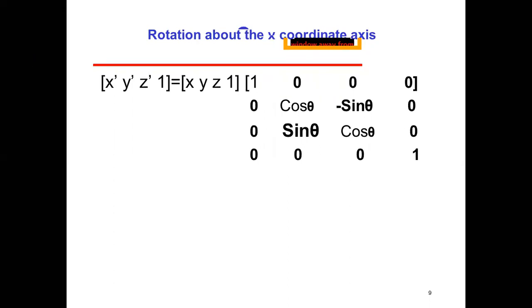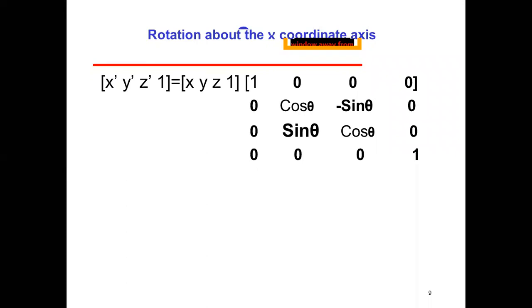And if we are going to rotate about the x axis, we will use x dash y dash z dash 1 is equal to x y z 1 times 1 0 0 0; 0 cos theta sin theta 0; 0 minus sin theta cos theta 0, and the last column is 0 0 0 1. This is called the matrix formulation for the rotation of the object about the x coordinate axis.